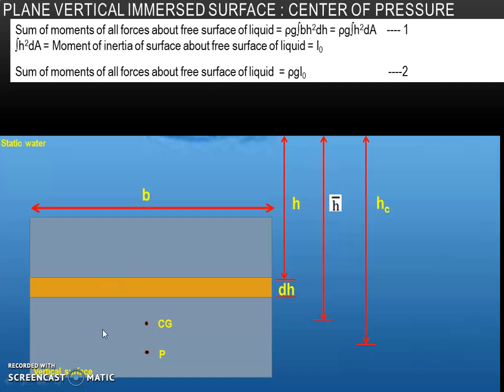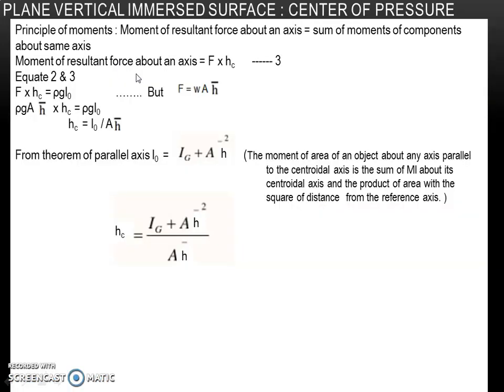Now we need to find what is the moment due to this force, and we will equate to sum of moments of all the forces. From principle of moments, we know that moment of resultant force about an axis is equal to sum of moments of components about the same axis. So we have got the expression for this.